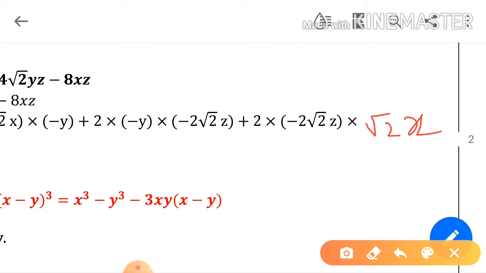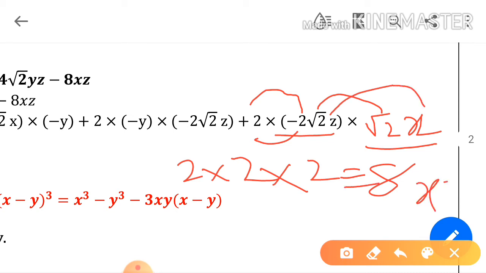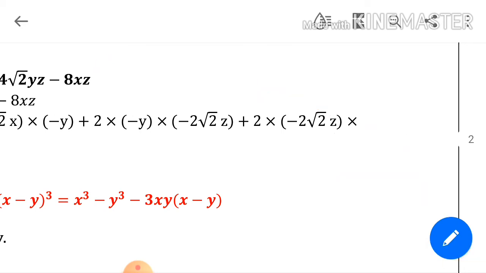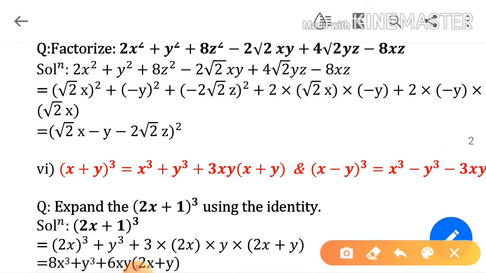That is 2 into z into x, that is 2 into 2 is 4, root 2 into root 2 is 2, that is 2 into 2 into 2, that is 8. Here is a minus, so minus 8, and here is x and here is z, so minus 8xz is coming out of there. No sorry, 2x is here.